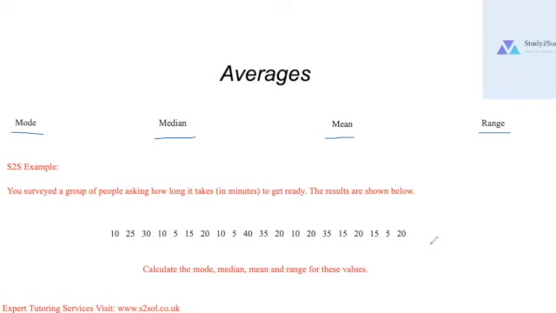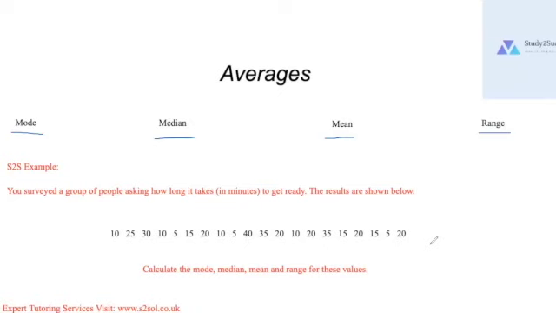So the mode average, to find the modal average, refers to us finding the number that occurs the most in the data set. So this is the amount of time in minutes that it's taken for an individual to get ready that has appeared the most number of times.